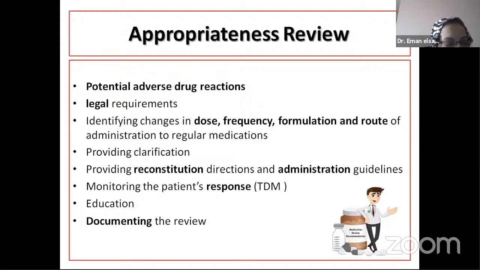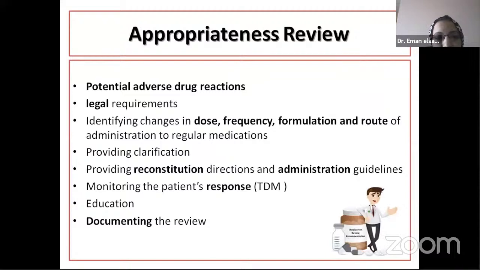Another thing, the pharmacist may catch some medication that is not administered. We should check why this medication was not administered. Maybe the patient refused, and it's one of the rights of the patient to refuse. Another possibility is that it was missed by the nurse.